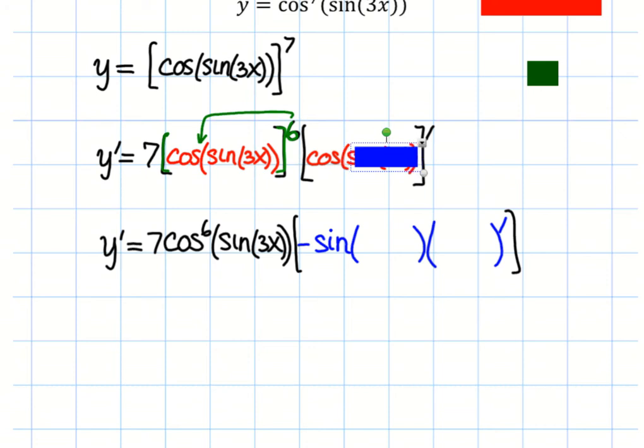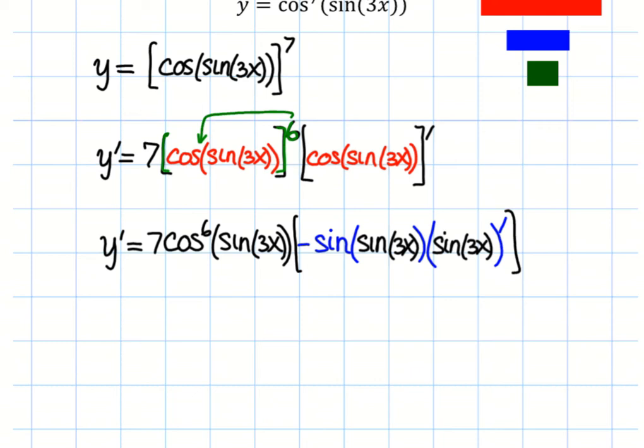Now, inside of that box is sine of 3x. So, purple here. Just going to write in some different color. So let's go back to sine 3x.